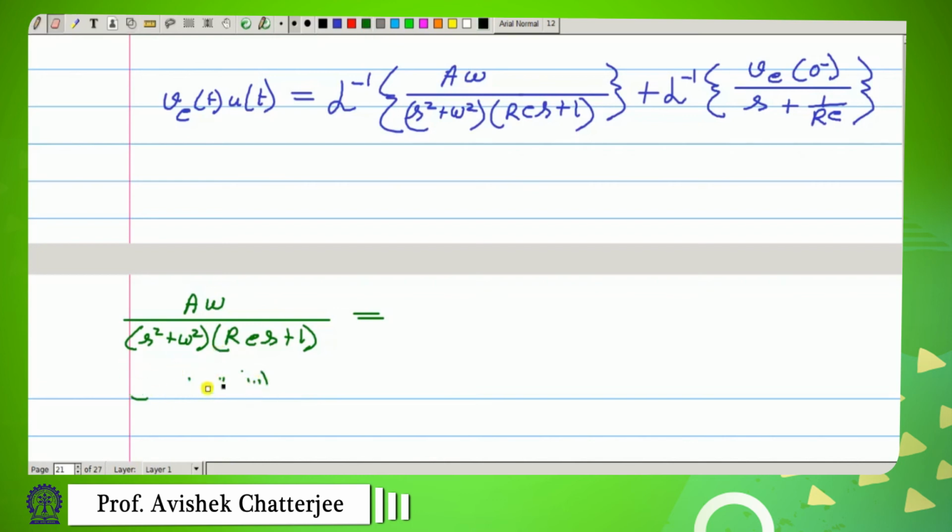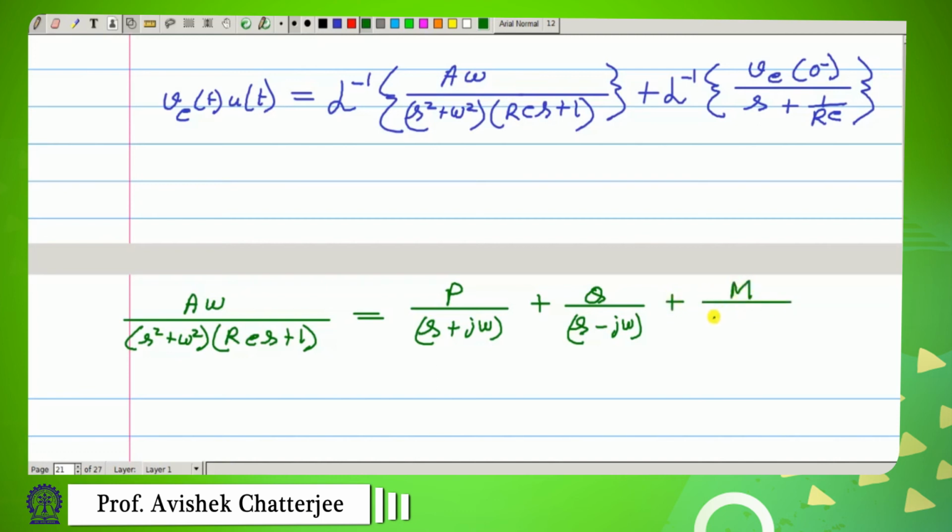Therefore, I will write this as p divided by (s plus j omega) plus q divided by (s minus j omega), and m divided by (RCs plus 1). This is another way. Now we have to find the values of p, q and m.